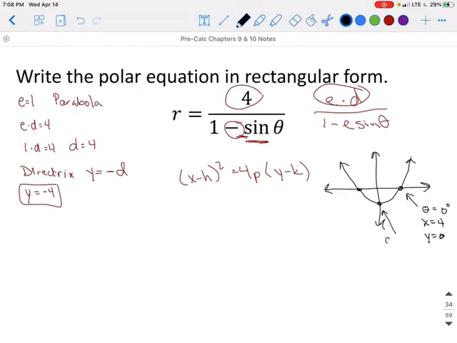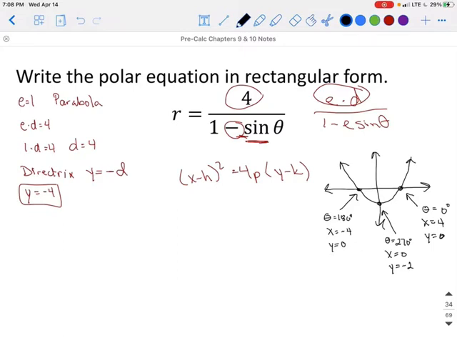This point is at theta equals 270 degrees. The x value that corresponds is 0, and the y value that corresponds is -2. And over here, we are at theta equals 180 degrees. The x value that corresponds is -4, and the y value that corresponds is 0.